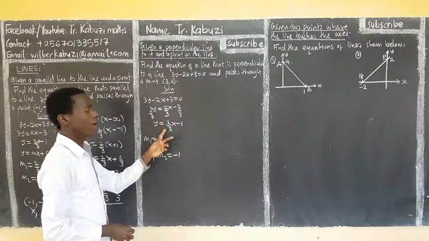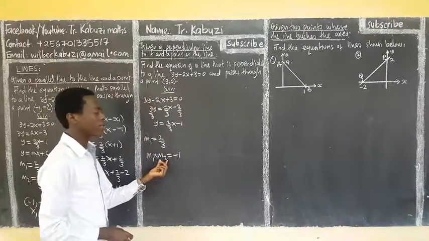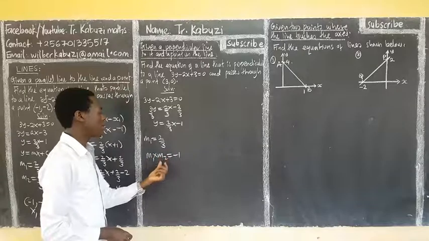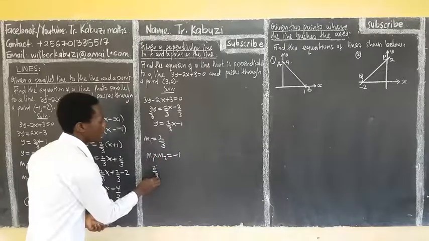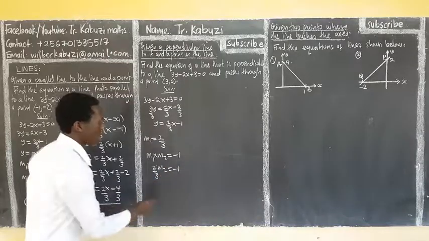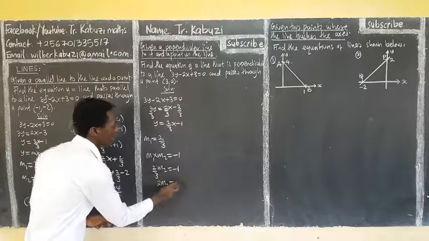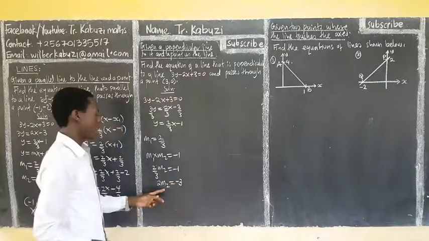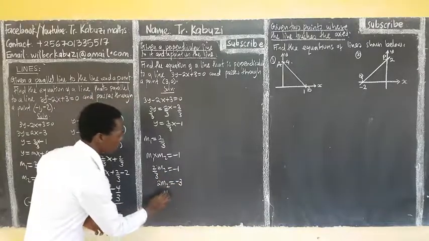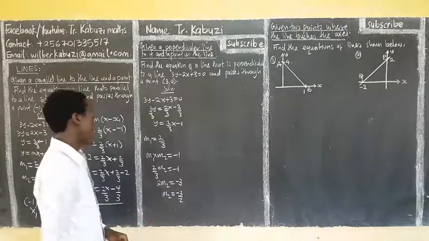Now this is our m1, the line we have in the question. Then the line whose gradient we need is the one having gradient m2. So 2 over 3 times m2 is equal to negative 1. We cross multiply, we have 2 m2 equals 3 times negative 1, we get negative 3. We want m2, so divide by 2. My m2 becomes negative 3 over 2. Now this is the gradient of the line we want.